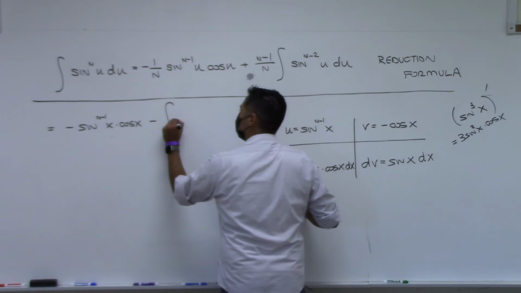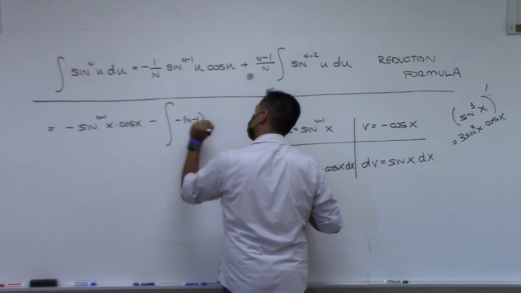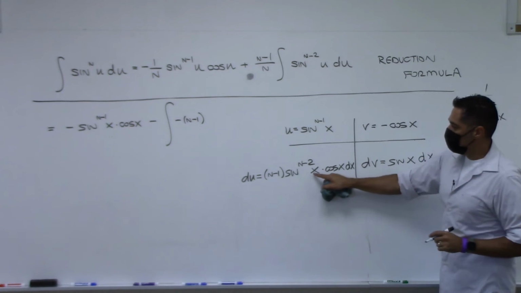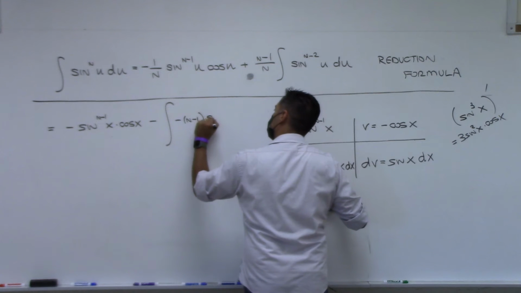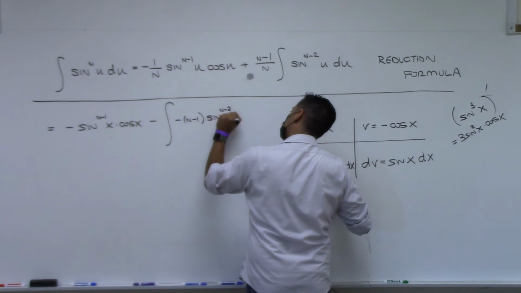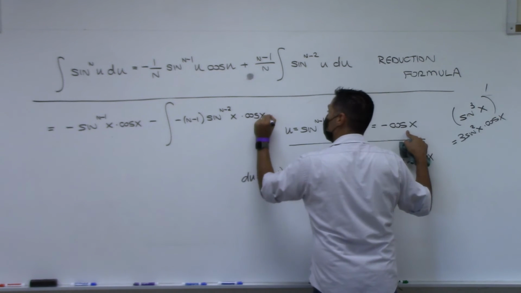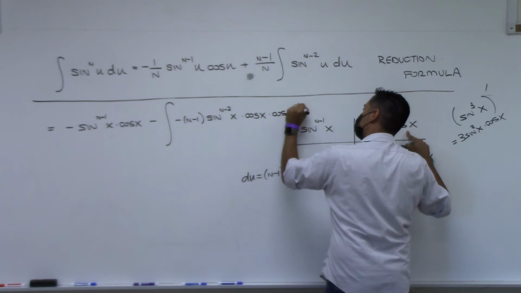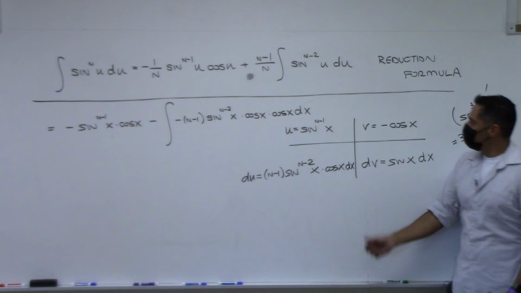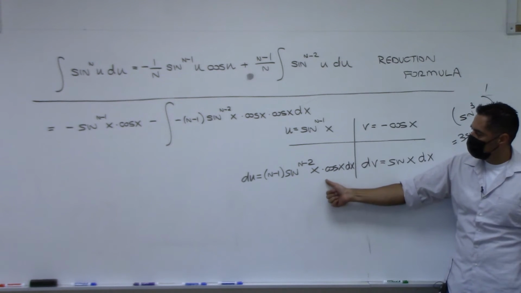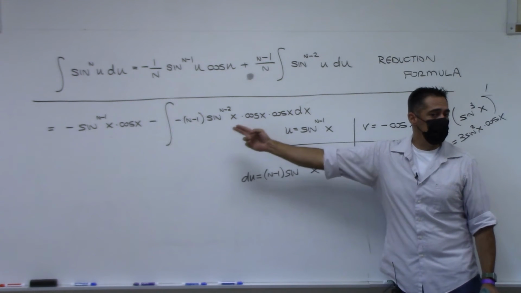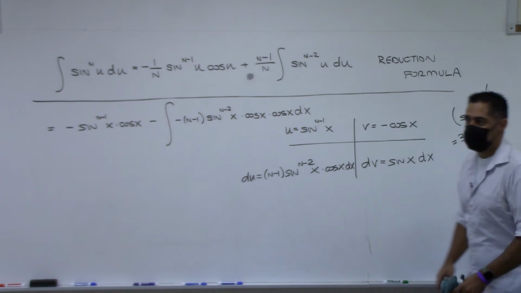So negative n minus 1, I have this sine to the n minus 2 of x. Then I have a cosine x. Then I have another cosine x. And then I have a dx. So I hope you agree with me that this times this is everything you see there. Yeah?